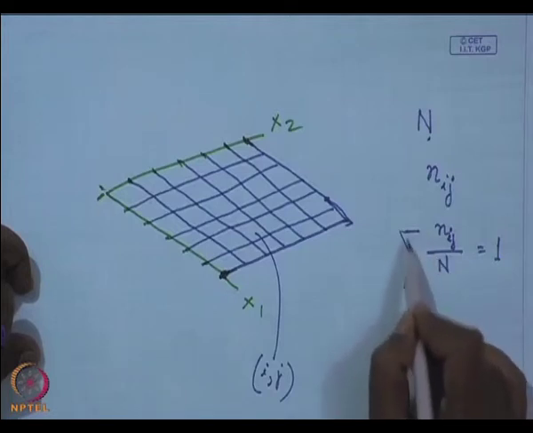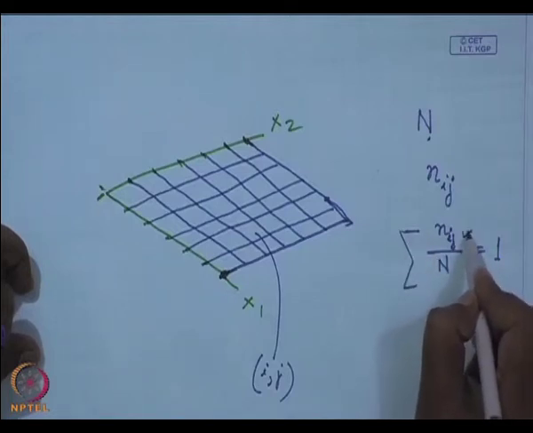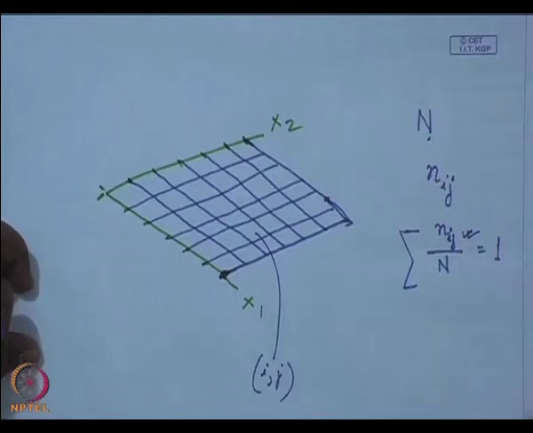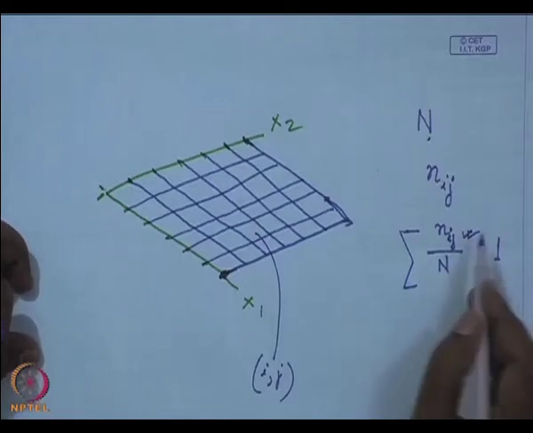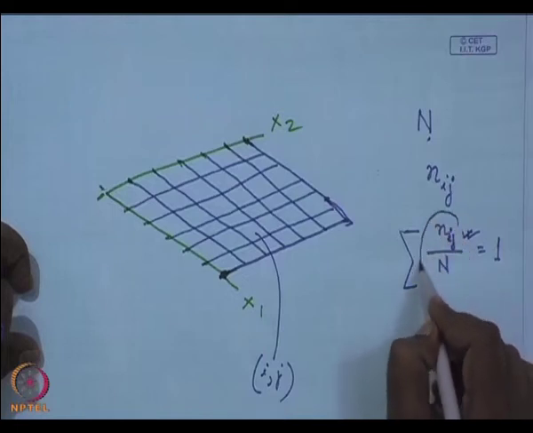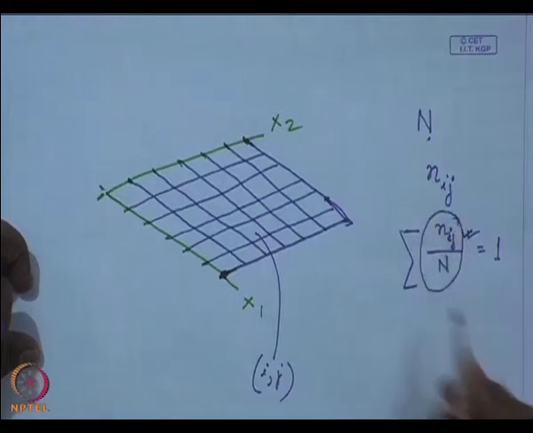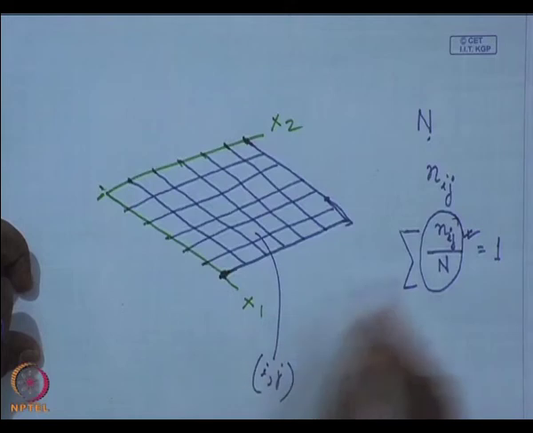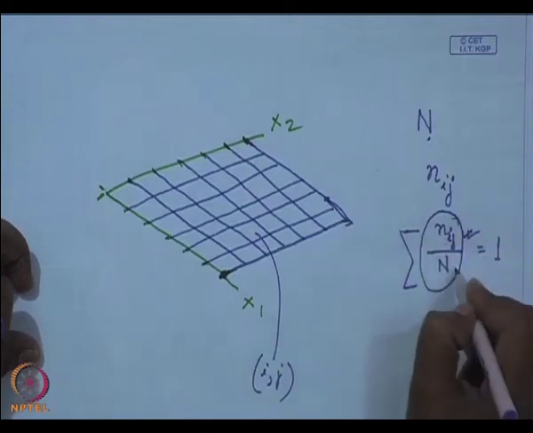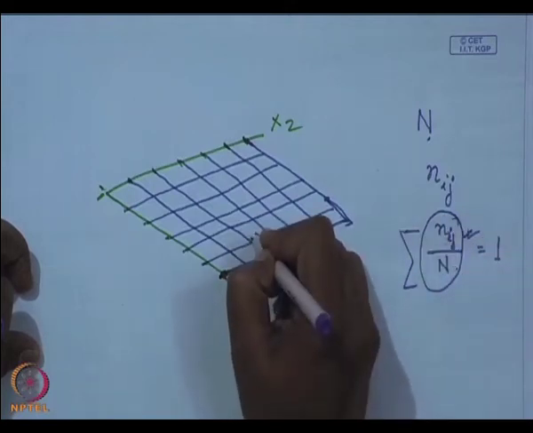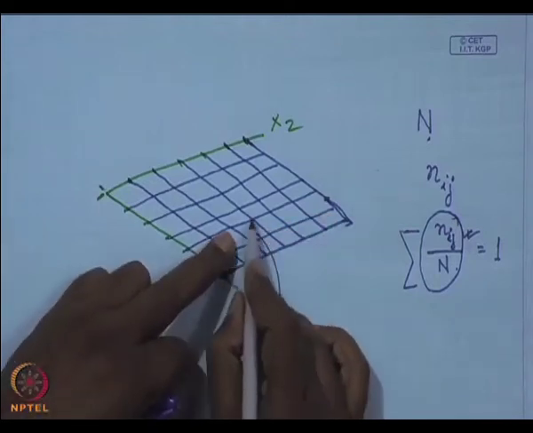If I simply sum them up over all i and j, that has to be equal to 1. This represents the volume of the probability density function over this ijth bin.